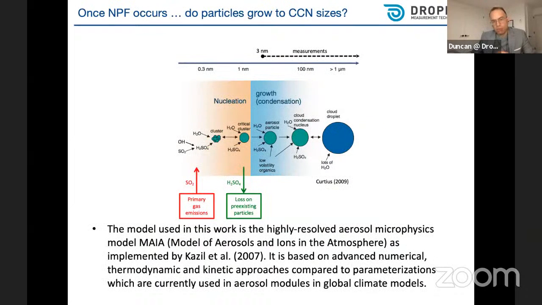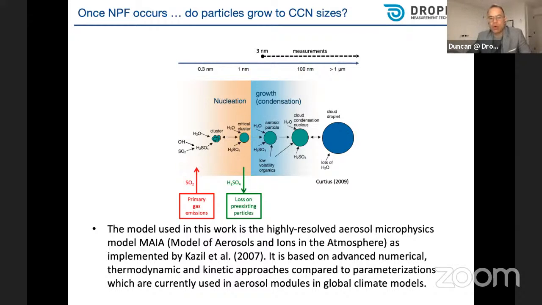So to explain this further, I used a model called MAIA, Model of Aerosols and Ions in the Atmosphere. And this is a model written by Jan Kaziel at NOAA. And he graciously allowed me to use this model to simulate these particle formation events.